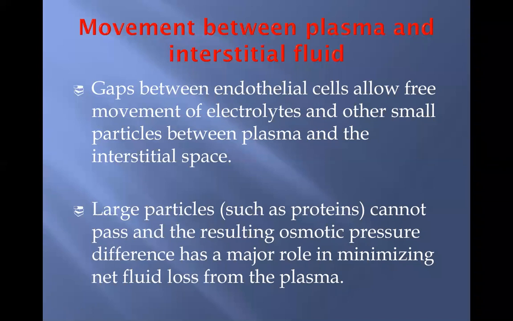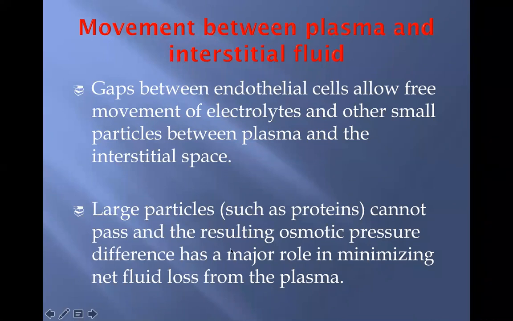for the movement of not only fluid but also the electrolytes and all these small particles. Only the large particles cannot move between the interstitial and intravascular compartment through the semi-permeable membrane between these two compartments.